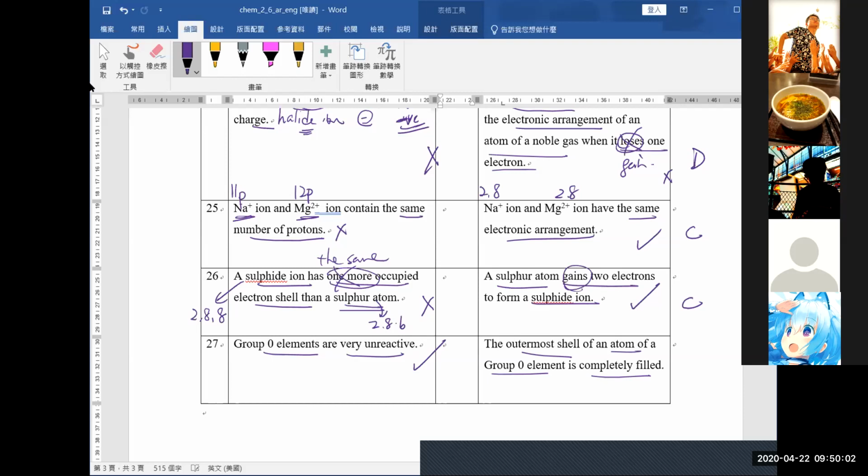Outermost shell of the atom of a group 0 element is completely filled. A or B? When the outermost shell is completely filled, what does it tell? It will have extra stability. So the answer is A, right?